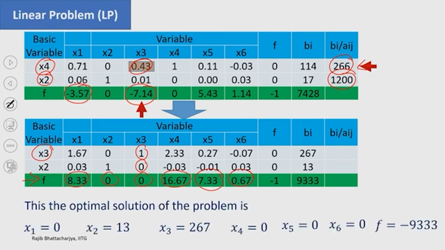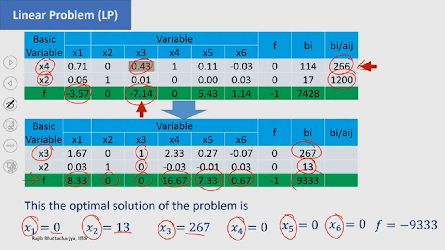So, what is the solution now? x 1 is a non-basic variable, so that is 0. x 2 is a basic variable, which is equal to 13. Then x 3 is also a basic variable, which is equal to 267. x 4 is a non-basic variable, 0, x 5 is a non-basic variable, 0, x 6 is a non-basic variable, 0.